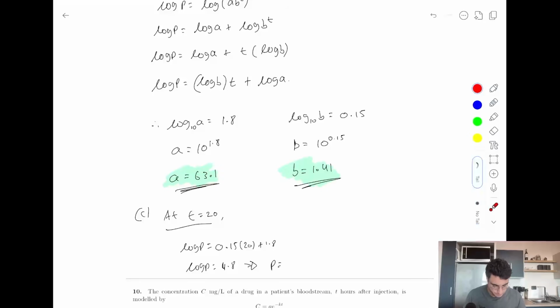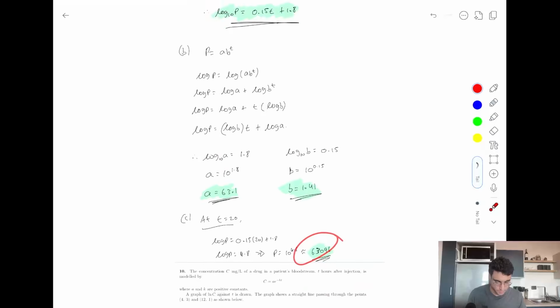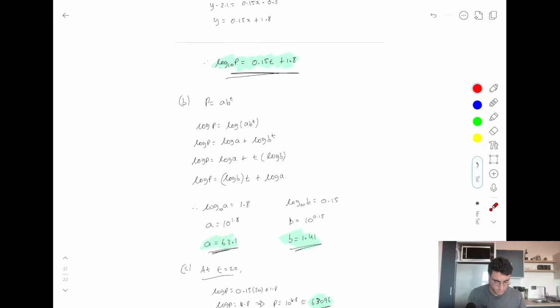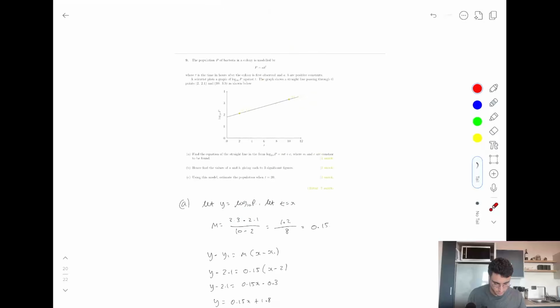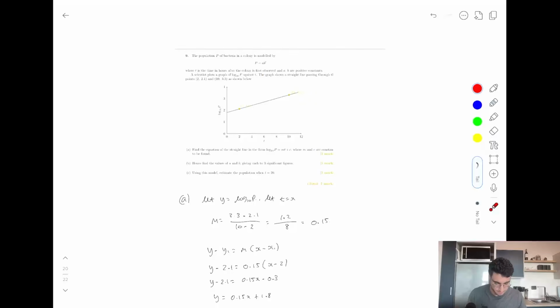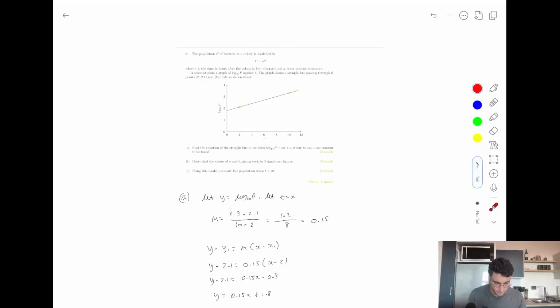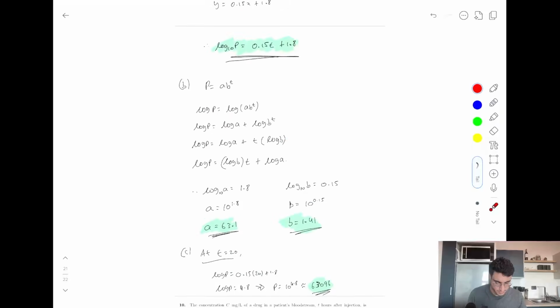If we simply now raise that to the power 10, 10 to the 4.8, which is roughly 63,096, okay? That's your final answer there, guys. So that's basically it.